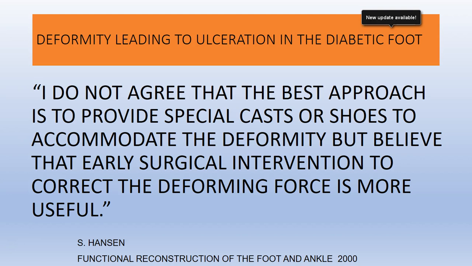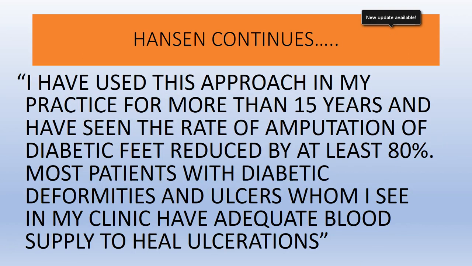It was Sig Hansen that said quite some years ago that he did not agree that for these diabetic patients shoes and pads and special devices to accommodate these deformities are the best approach. But he felt instead that early surgical intervention to correct these deformities was far more useful.